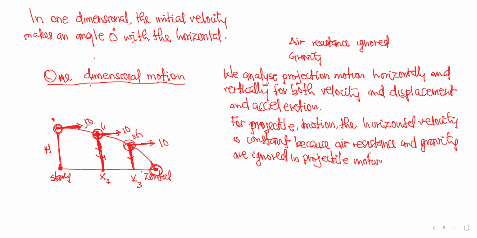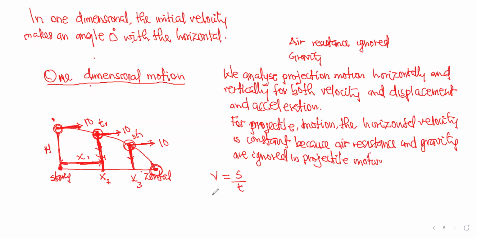So when the body moves and after maybe T1, the body is now here. If I want to calculate the horizontal distance traveled from its starting point, it is starting from this point. So this horizontal distance x1, I can calculate. Velocity or speed is equal to distance covered over time taken.